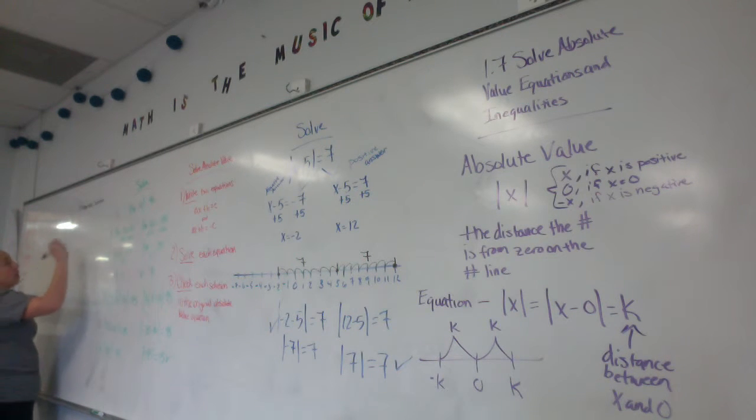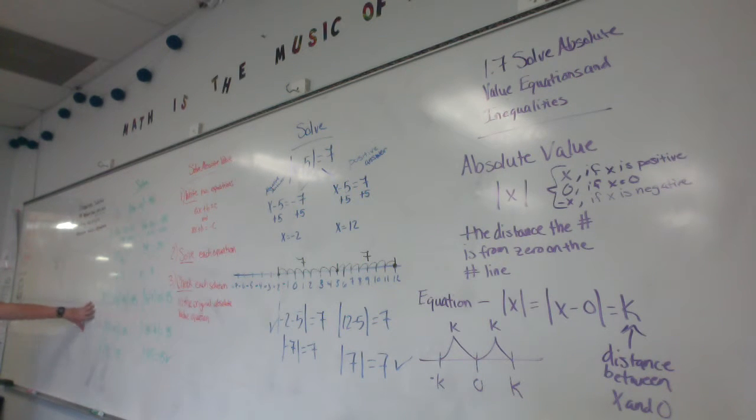So, an answer that does not satisfy the original absolute value equation. We're going to take a look at what one of those looks like. That's why we always have to do step 3. We always have to check because of this possible situation.